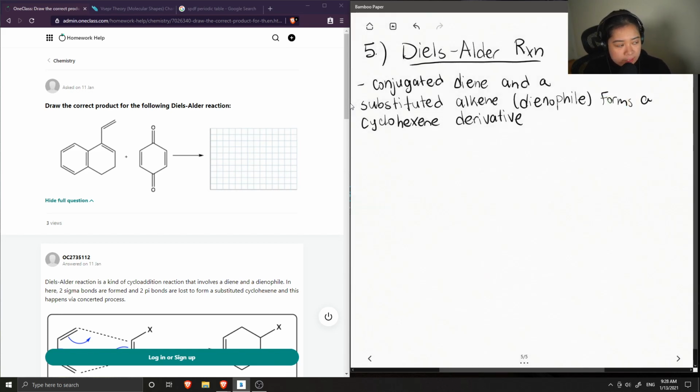Okay, so let's try to write out the mechanism that would occur in our question. Okay, so this is the first reactant, and the second, and it looks like this.